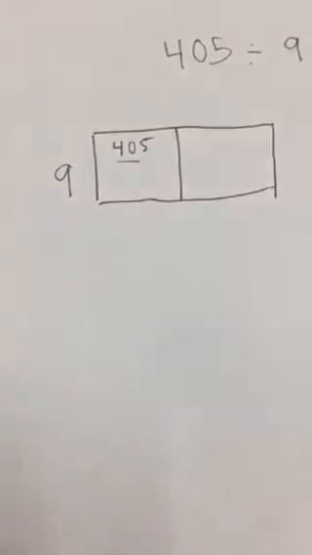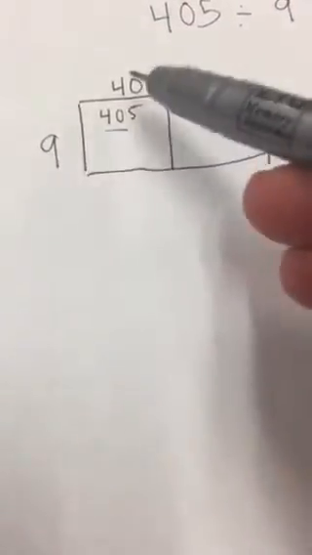Okay, so usually I have the kids look at these first two numbers. So, well, 9 can go into 44 times, so it can go into 440 times because I'm multiplying it by 10, okay? Then I take 9 times 40, which is 360, and I end up with 45.